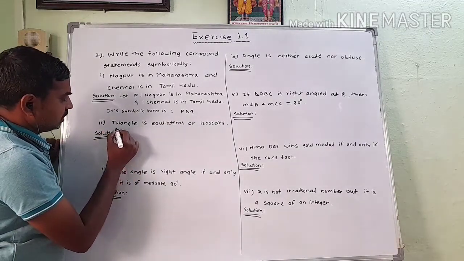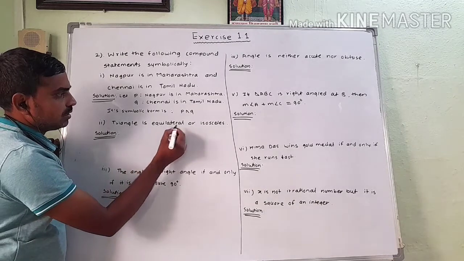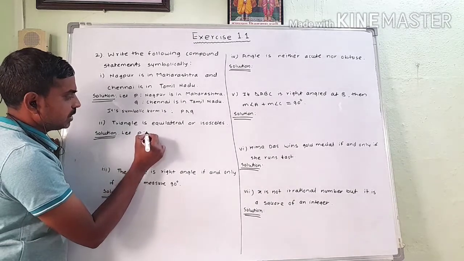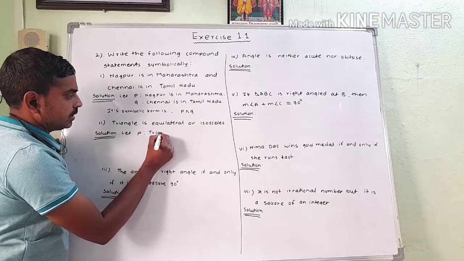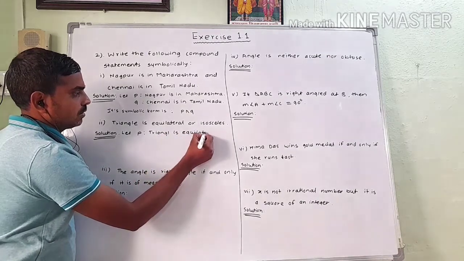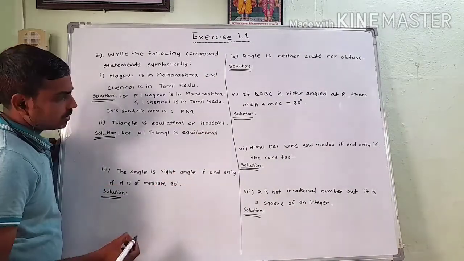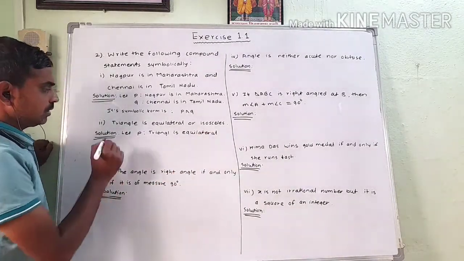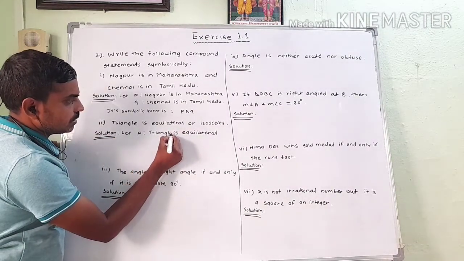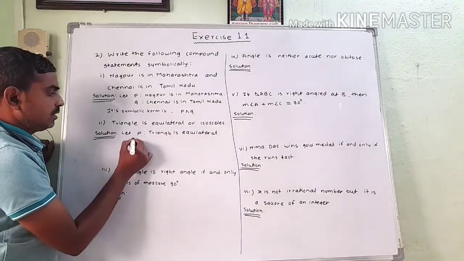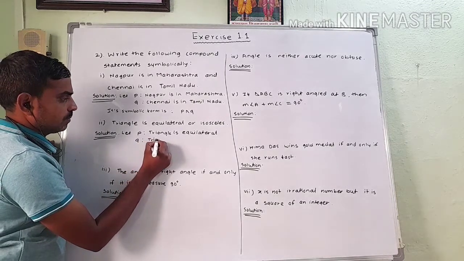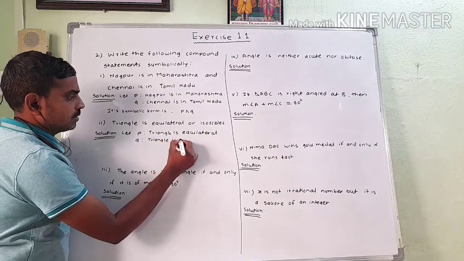Now the second example is: triangle is equilateral or isosceles. In a similar manner, first of all we will write P stands for triangle is equilateral. There is no need to write the truth value, only you have to write the symbolic form. Q stands for triangle is isosceles.